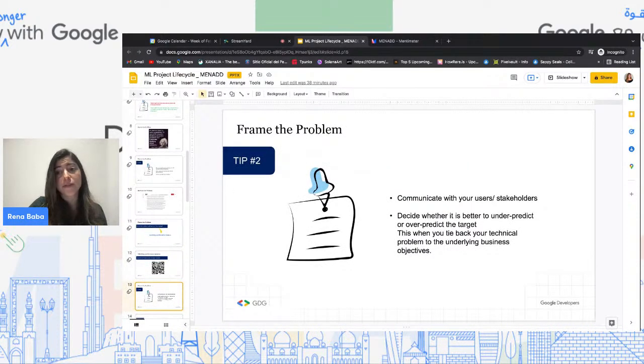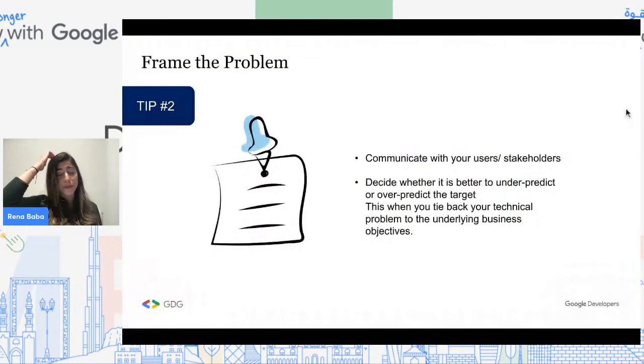Before we go to the next bit, a quick tip from me is around communicating with your users and stakeholders to understand what it is that you want to give them. They might want to see a dashboard. In that case, you might think the best evaluation metric is recall. They might want a decisive model that is very precise, so they can immediately take action and give the employee more training, or a salary increase or a promotion, as an incentive to stay with the company.